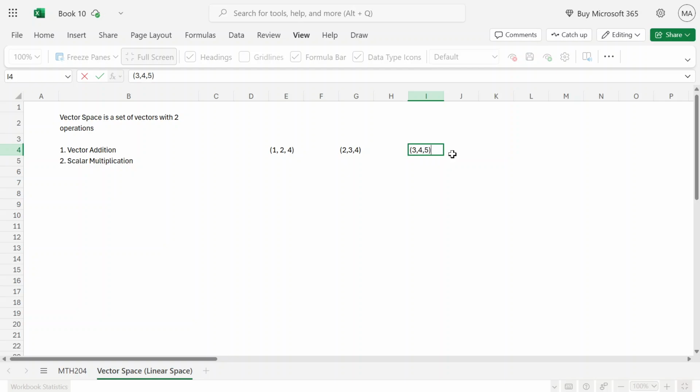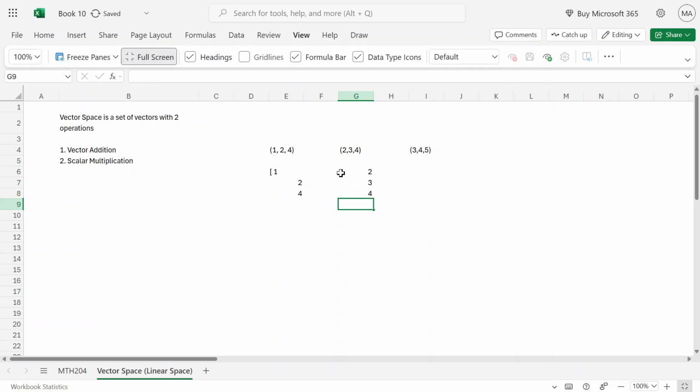Now, if you want to turn these into a matrix, all you have to do is make all these vectors your rows. So it will be 1, 2, 4, then here we have 2, 3, 4, and then here we have 3, 4, 5.